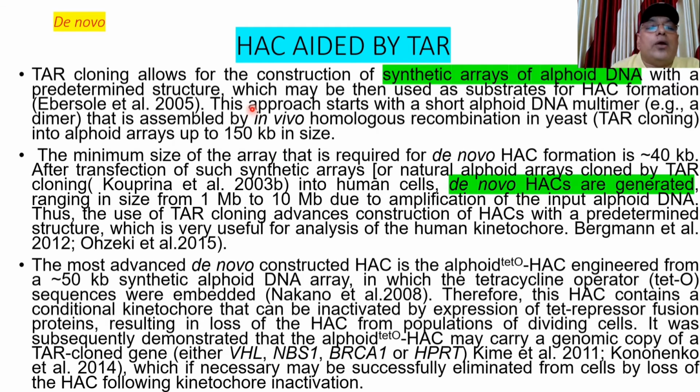So TAR cloning allows the construction of synthetic arrays of alphoid DNA with a predetermined structure, which may then be used as a substrate for human artificial chromosome formation.